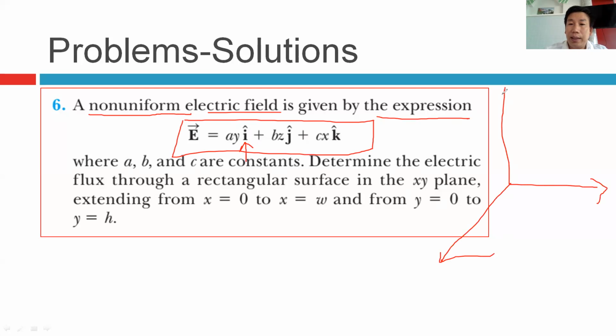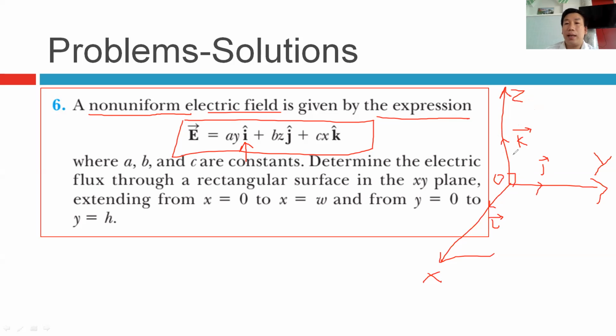I have 3D space X, Y, Z, and here is the vector i. This is the unit vector along the x axis. And this is the vector j, along the y axis, and this is vector k along the z axis.